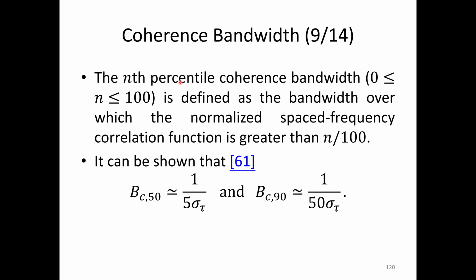The nth percentile coherence bandwidth, where 0 is smaller than or equal to n, and n is smaller than or equal to 100, is defined as the bandwidth over which the normalized spaced frequency correlation function is greater than n over 100. It can be shown that BC50, please see reference 61.